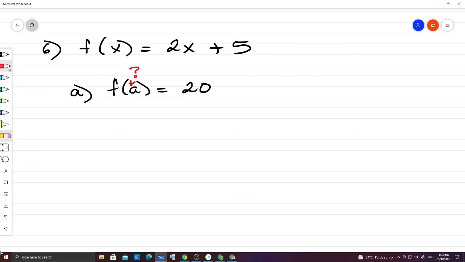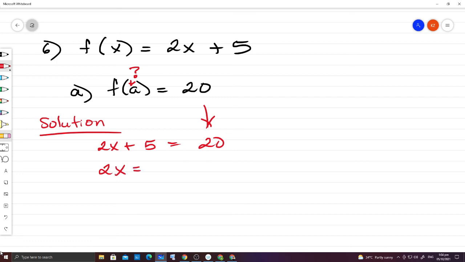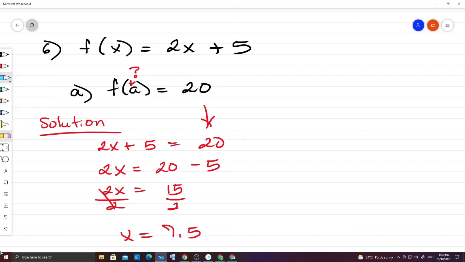So the solution: 2x plus 5 equals 20. To find the value of x, we have 20 minus 5, so 2x is equal to 15, divided by 2. So x is equal to 7.5. So it means that a is equal to 7.5.